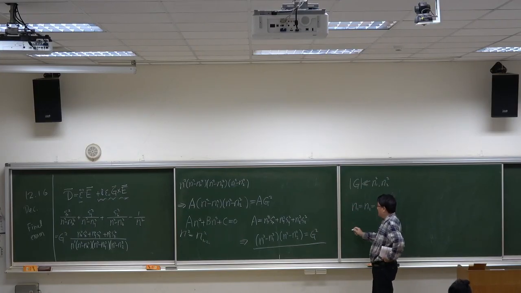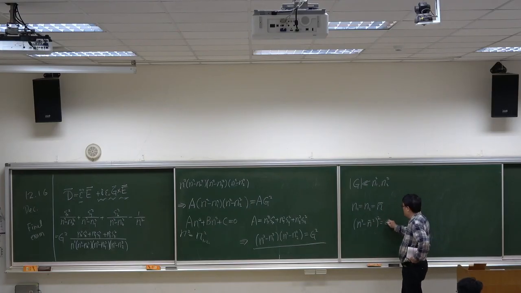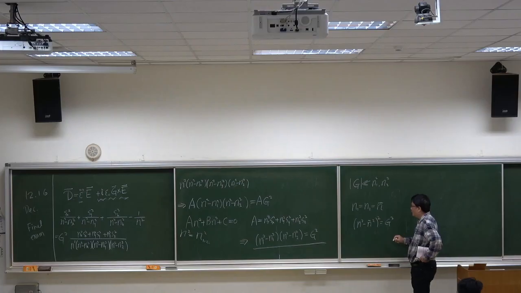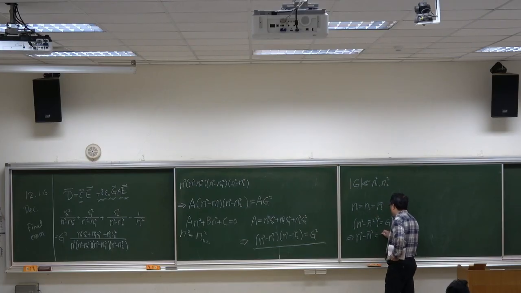In this case, we have n squared minus n bar squared equal to plus or minus g.